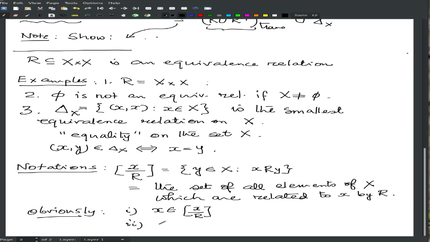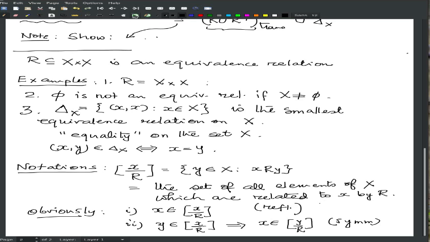Secondly, if y belongs to this, then it implies that x belongs to this. Just by replacing, this is nothing else but symmetry, and the first is nothing else but reflexivity.